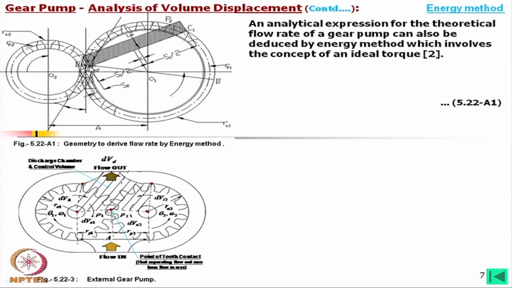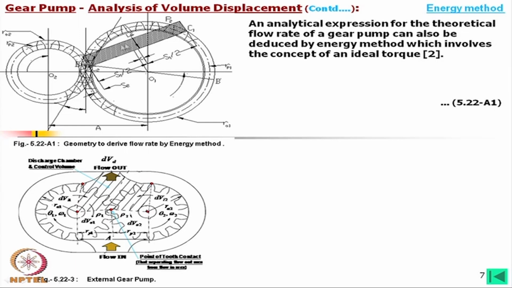a beam joining this instantaneous tooth contact point and the point where this tooth is just separating the exposed zone from the trapped zone. Okay. Now, if I consider that as a beam, say this point is the point of contact, maybe here the casing is, or might be here.